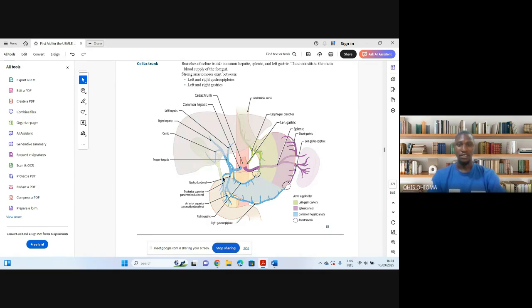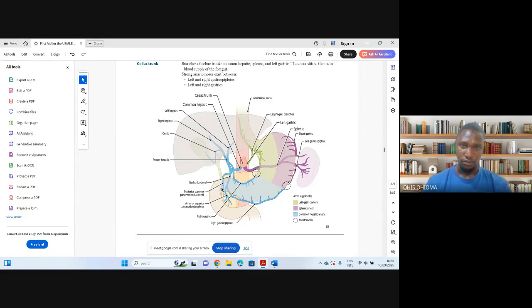Now, this gastroduodenal artery is a very high yield artery because if you have a perforated duodenal ulcer, the blood vessel that is commonly implicated in a perforated duodenal ulcer is the gastroduodenal artery.